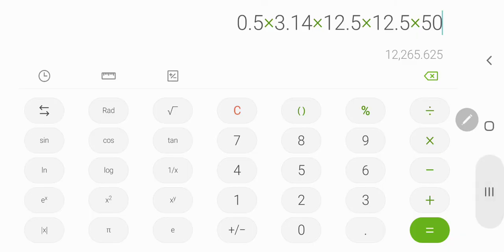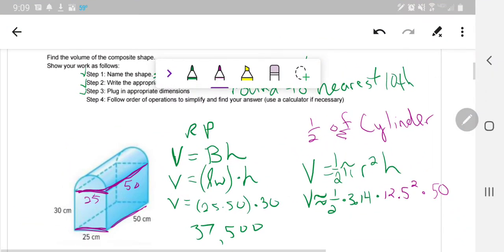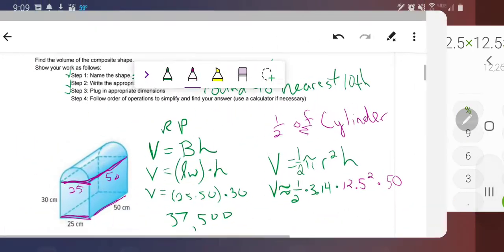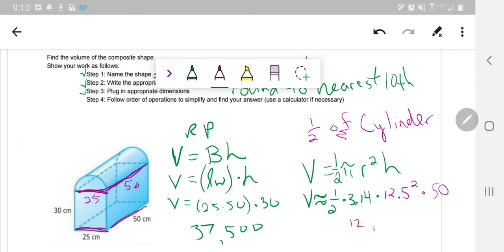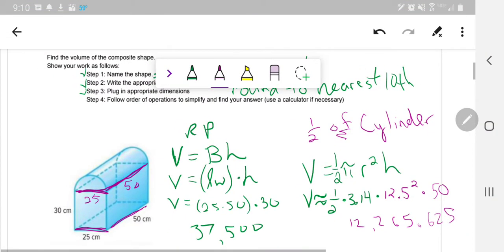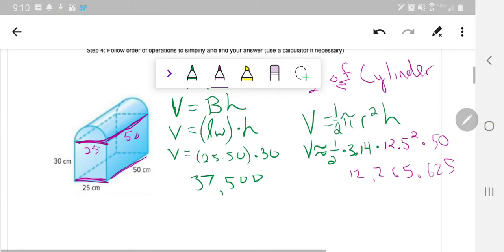Let me just make sure that's right. Everything's in there correctly. Very good. And that's going to be 12,265.625. Yes.